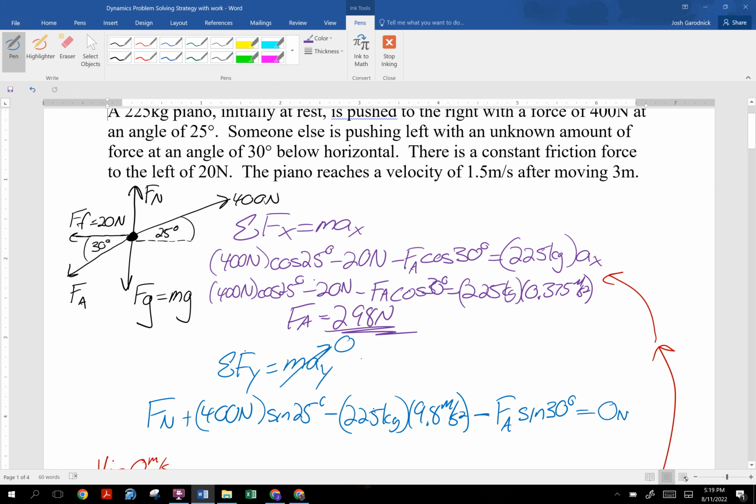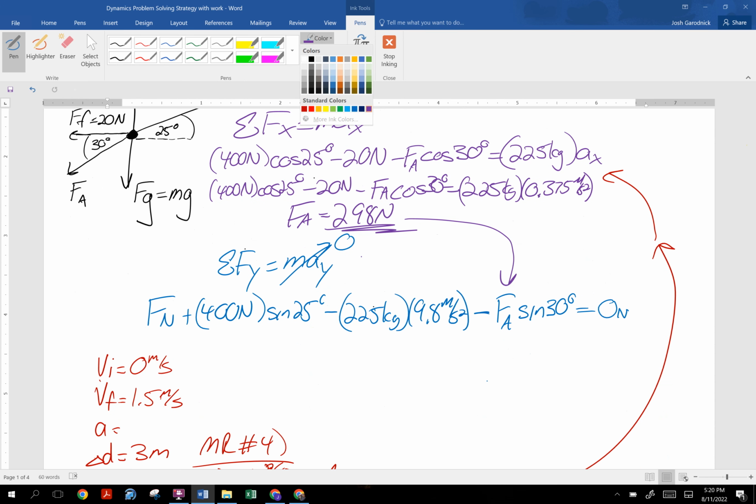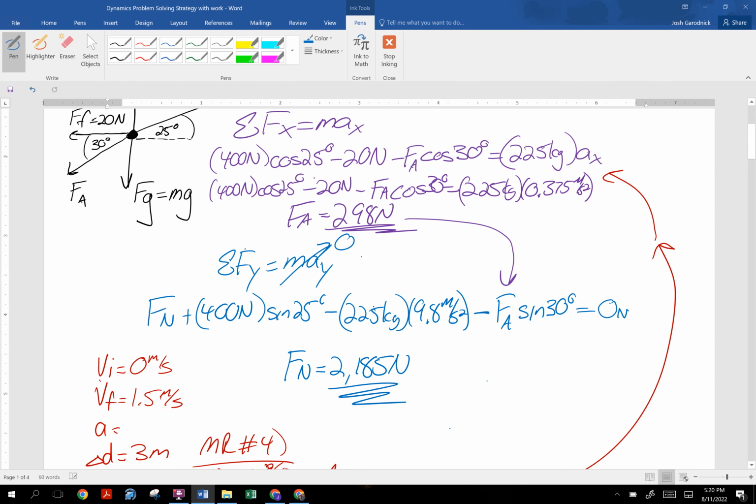Yay! We can then take that applied force and throw it here, and then the only thing you don't know in this expression is the normal force. And just to save time, because you don't want to listen to me rewrite this entire thing, you would get that the normal force is equal to roughly 2,185 newtons.